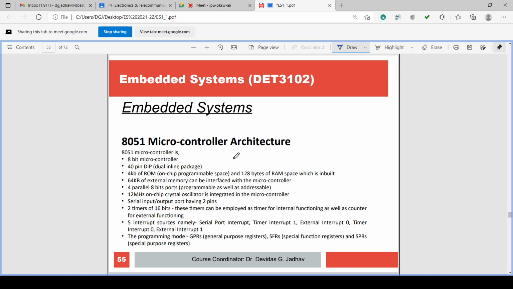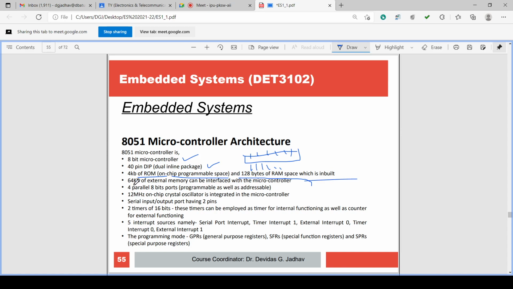So the 8051 microcontroller architecture is there. 8051 architecture is an 8-bit microcontroller with a 40-pin dual inline package. We have seen this last time. The package means the IC which has pins on both sides. Dual inline: 20 pins on this side, 20 pins on this side, it becomes a 40-pin package. Then 4 KB of ROM is there as on-chip programmable space, and 128 bytes of RAM space is inbuilt.